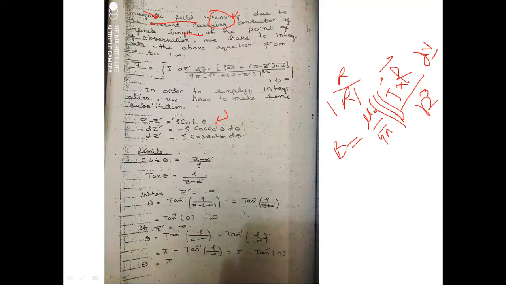So z minus z dash is replaced by rho cotangent theta, and we apply the derivative with respect to d theta, so you will get this. This d theta will be multiplied on either side, so that it may be moved to this side.